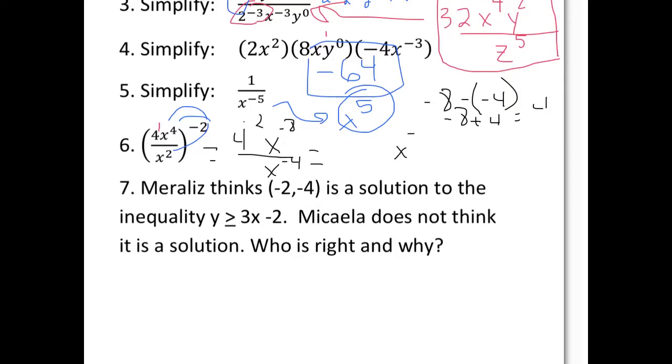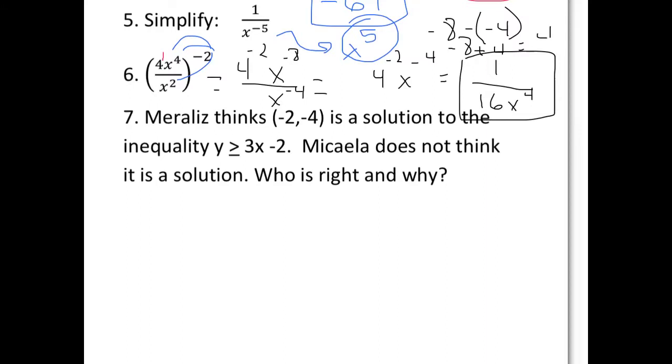So we're going to have x to the negative 4 power and 4 to the negative 2 power. Both of those are going to get sent down. So it's going to be 1 over 4 squared, which is 16. X to the negative 4 comes down, and it's x to the positive 4. So our final answer is 1 over 16, x to the 4th power.